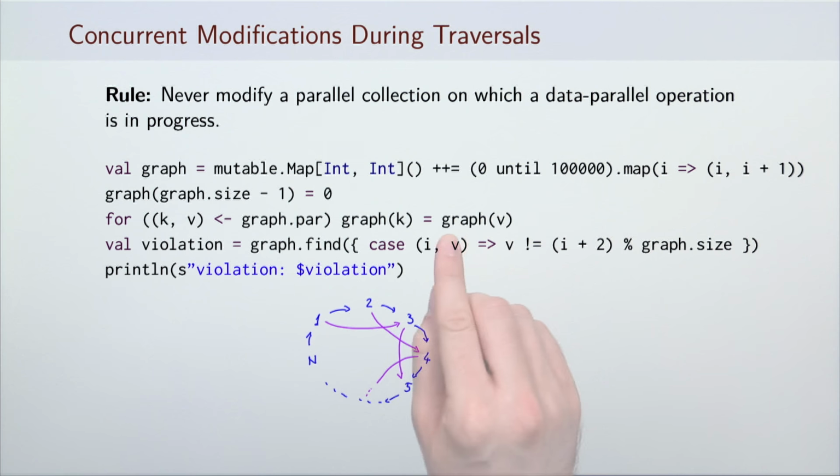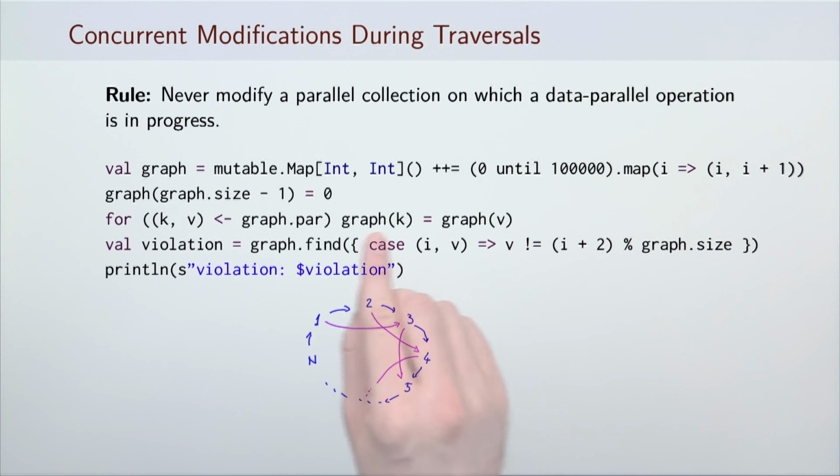Second, we are reading from a collection that is concurrently being modified by some other iteration of the loop. Again, since the mutable map is not a thread-safe collection, we risk crashing the program or getting incorrect results. The constraint violations that we observed are a result of these errors.